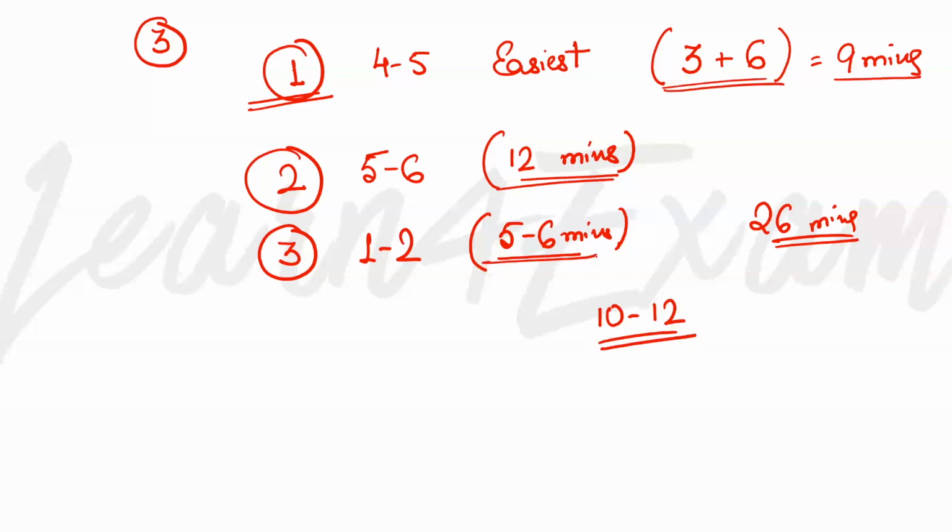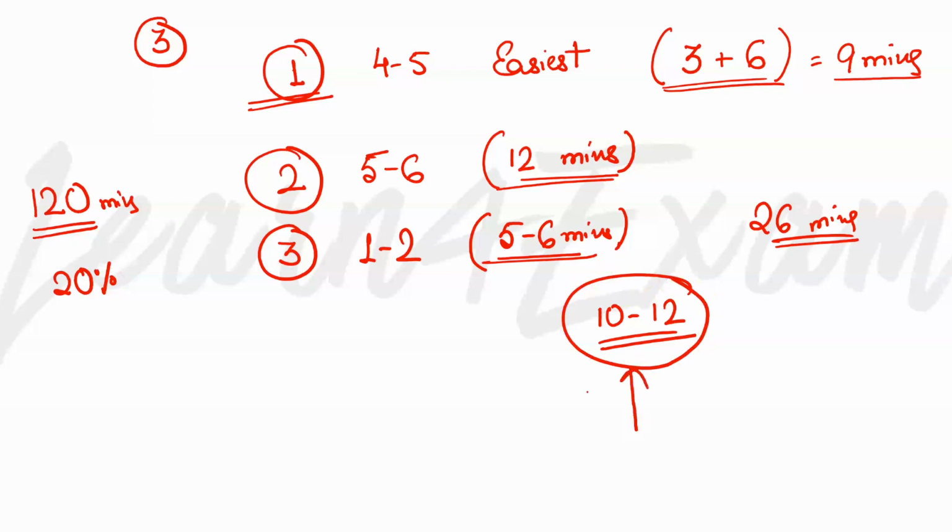If you are better than the average speeds, you can attempt more questions, or you would be taking essentially a much lesser time. So we know that the total time for the exam is 120 minutes, and I am taking 20% of the time and I'm getting 10 to 12 marks. So this is essentially 25% of the cutoff at a very easy level.